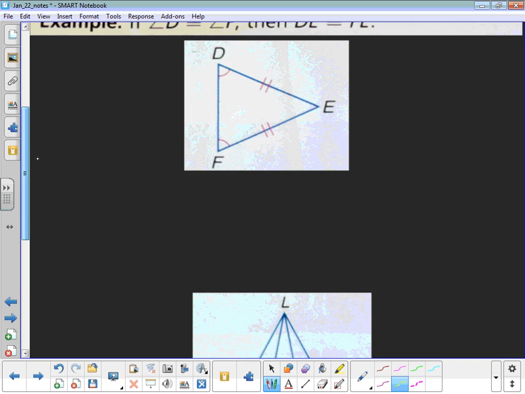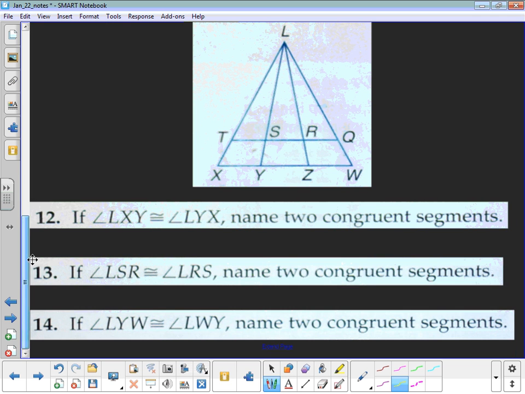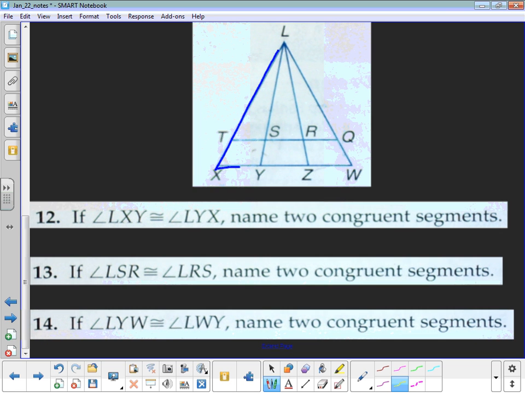So how does that play out in practice problems? Same figure. This time they told us that angle LXY is congruent to angle LYX. Go ahead and trace that out. LXY, LYX. We can see that we've got two sides, this side and this side, being congruent. So LX must be congruent to LY.